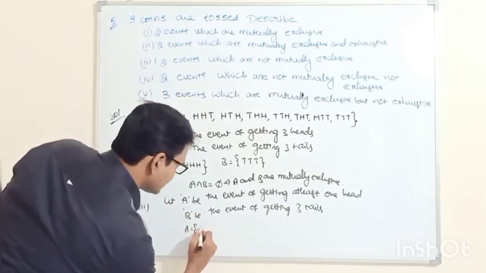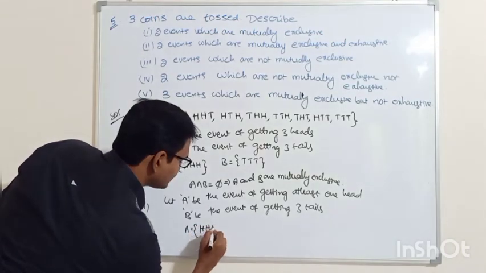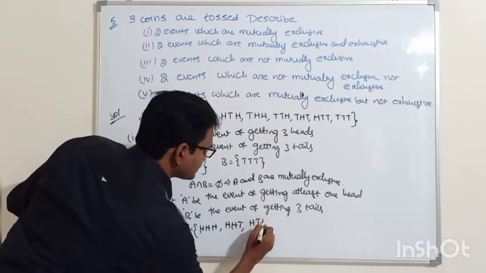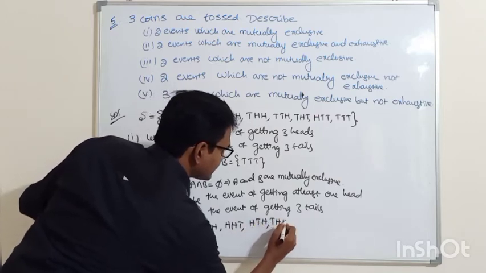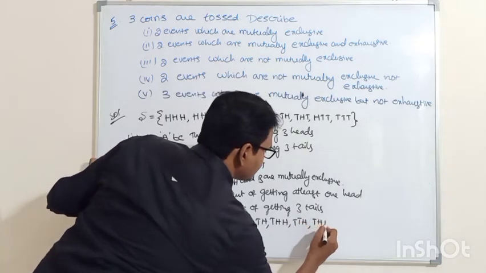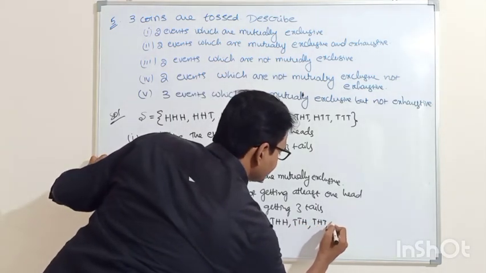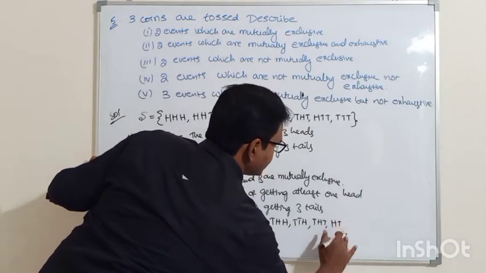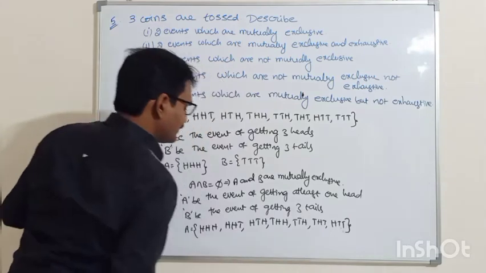So set A is triple H, HHT, HTH, THH, TTH, THT, and HTT. These are the sample points.